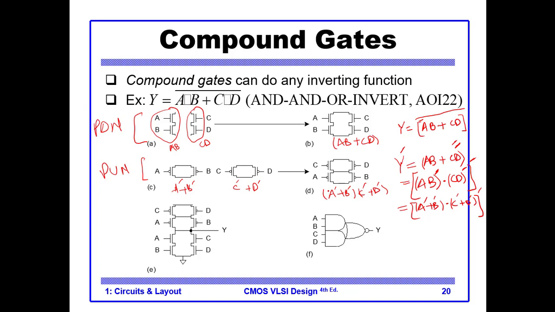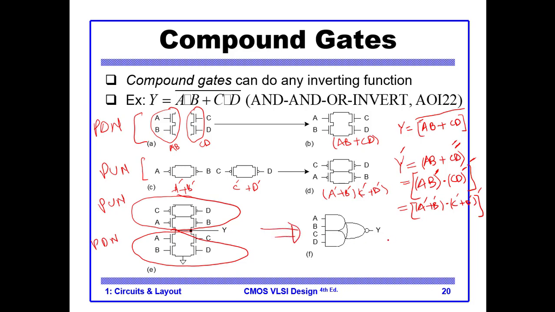Now if you combine this, you see this is our pull up network, and this is our pull down network. So now the complete integration of pull up and pull down results in our desired gate, which is Y equals (AB plus CD) bar.